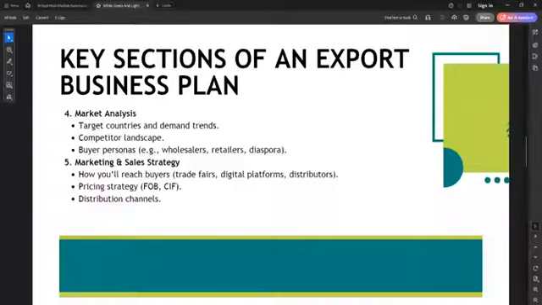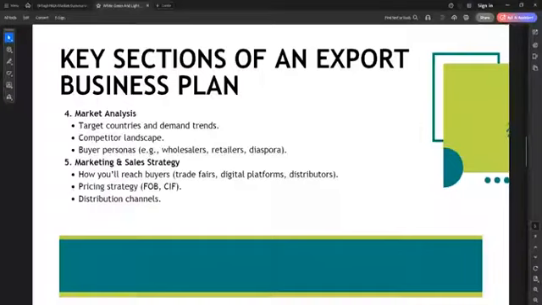So for instance, let me give you an example. If you want to export wood charcoal, or let's say something like raw cashew nuts, there are some countries that buy more raw cashew nuts from Nigeria, like India, Vietnam, Bangladesh, and countries around that route.